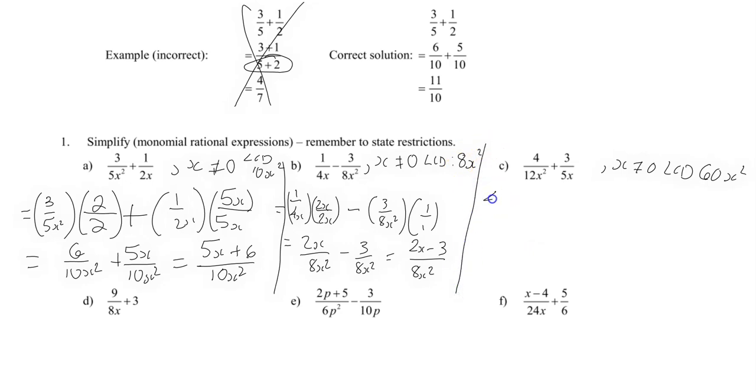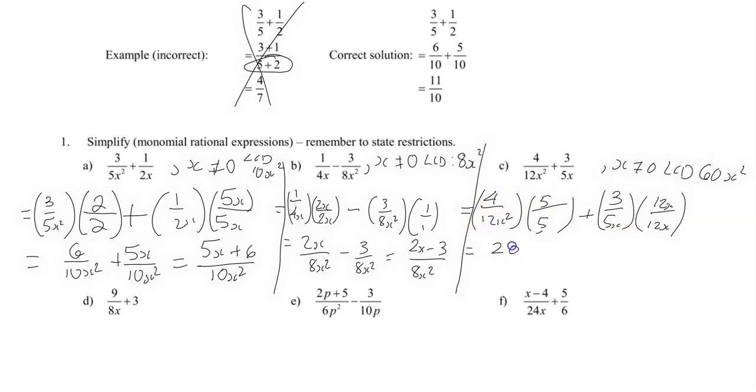Separate that out. So 4 over 12x squared: to get 60x squared, I'm going to put a 5 down here, and I need a 5 up here. Plus 3 over 5x. To get 60x squared on the bottom, I'm going to put a 12x top and bottom. Don't forget the equal sign.